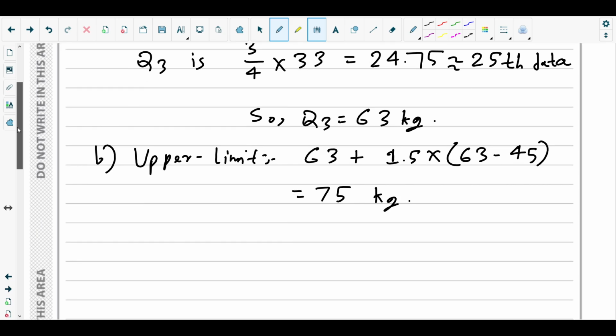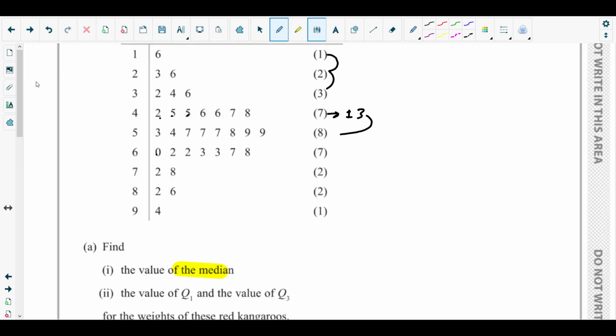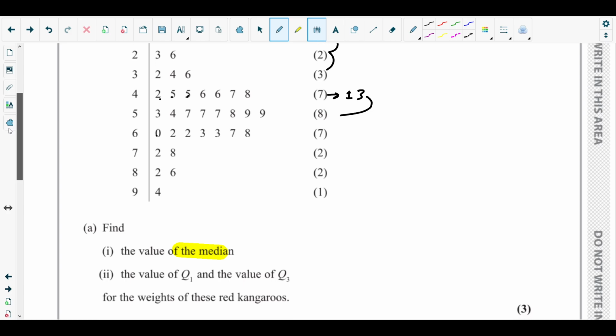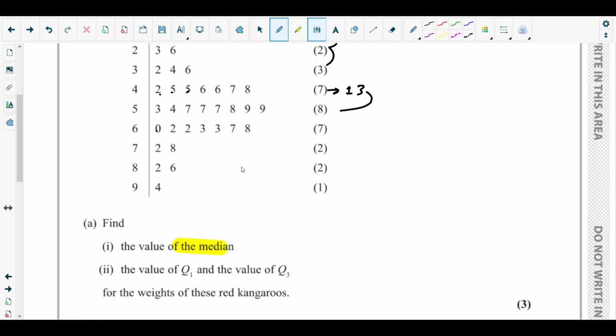Okay, and lower limit. So upper limit is 75 kg. So let's see whether there are any values greater than 75 or not. Above 75, we got 12 plus 63, which will give you 75.